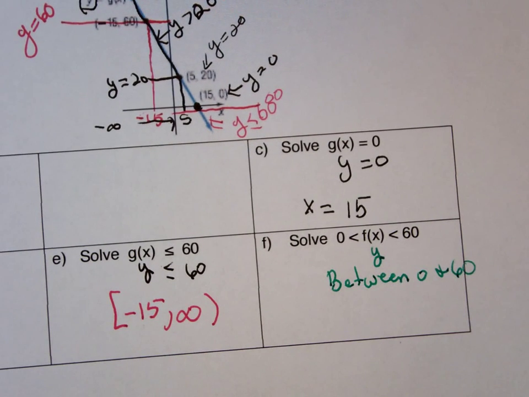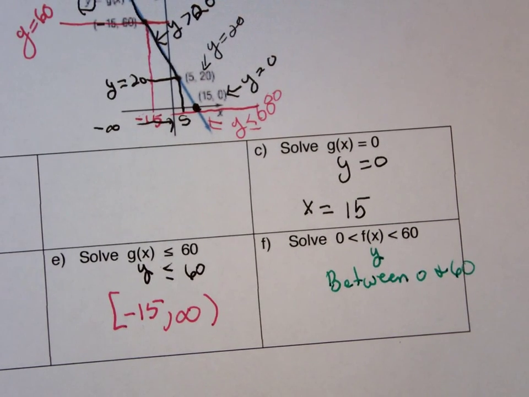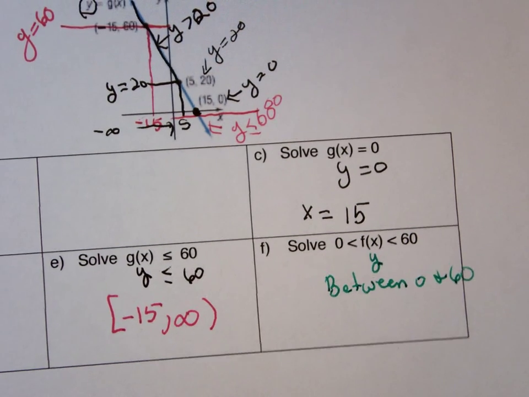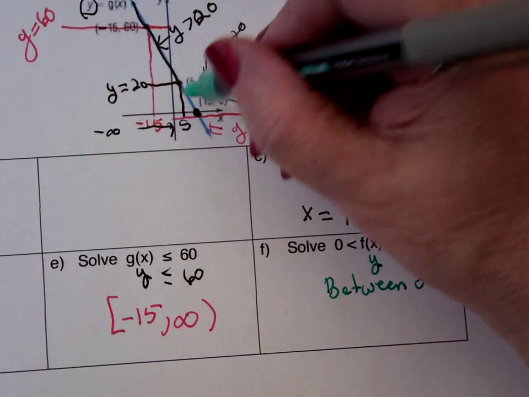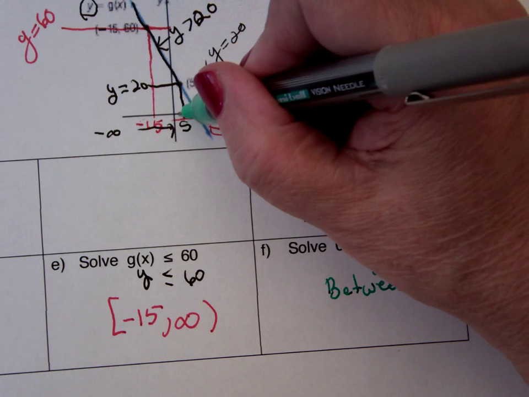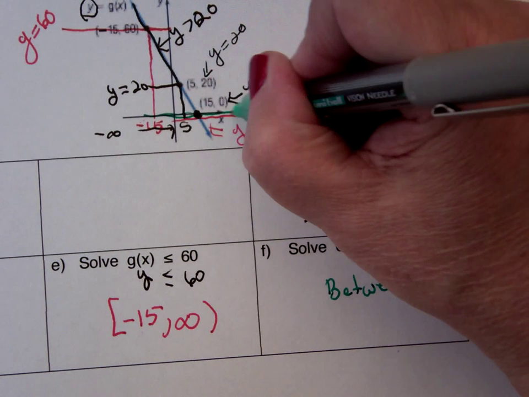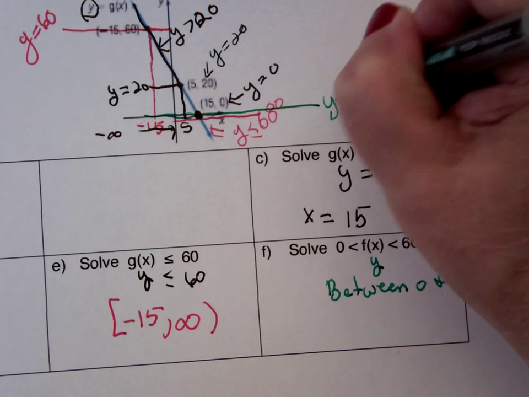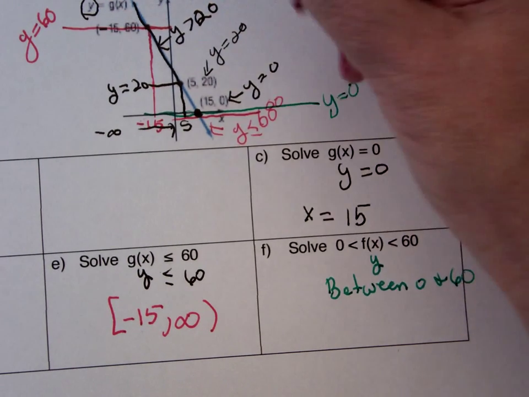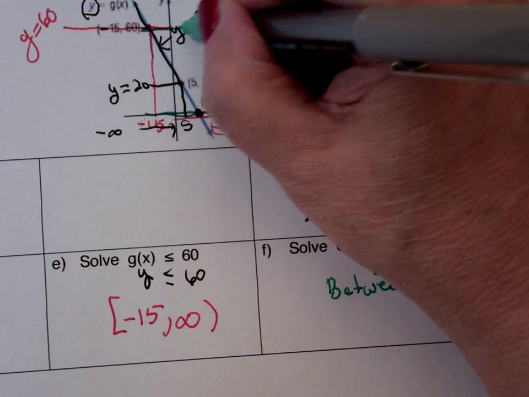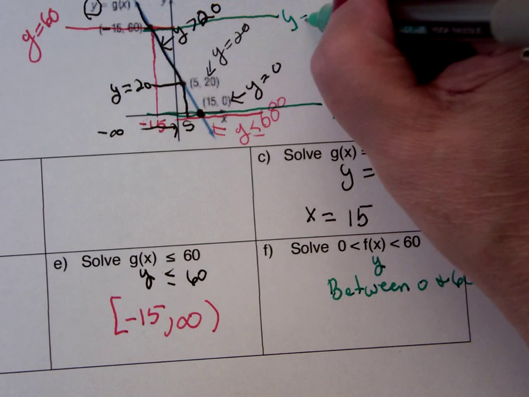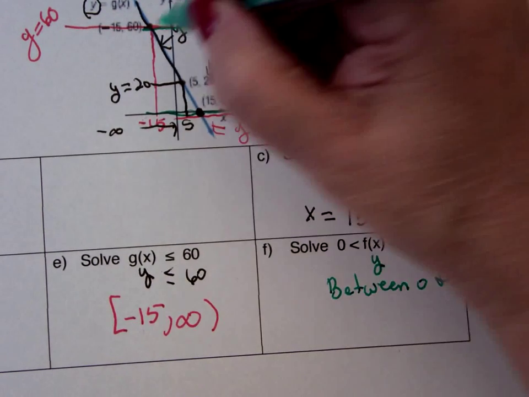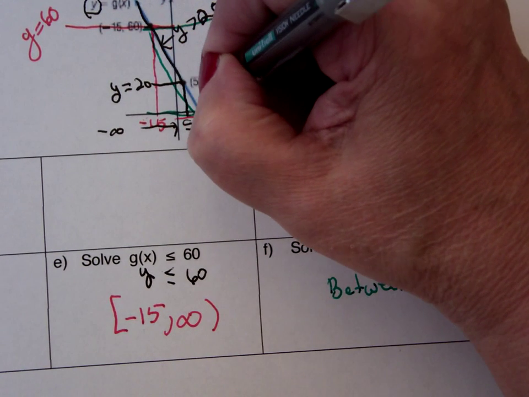Y is between 0 and 60 for what x's? Well, here's y equals 0 right here. And then here's y equals 60. So this is the piece of graph right there.